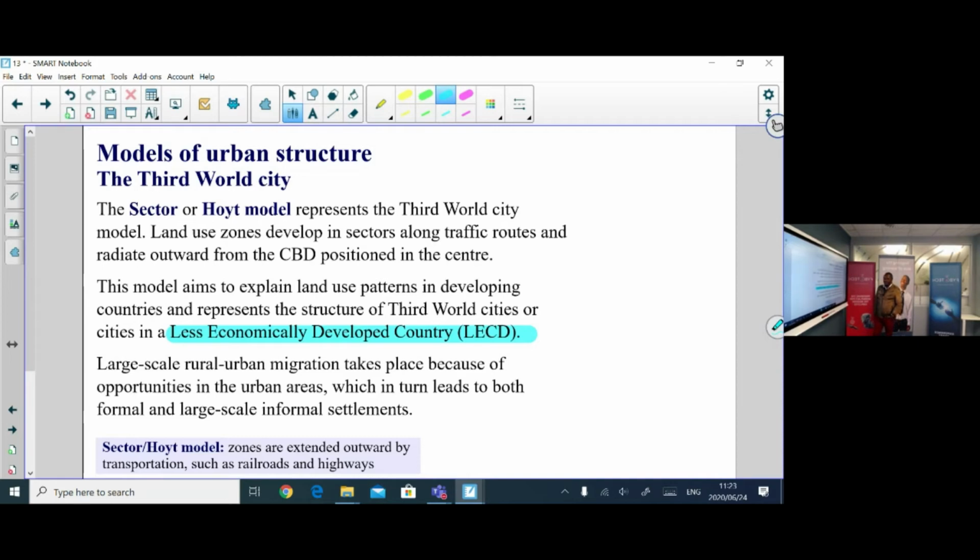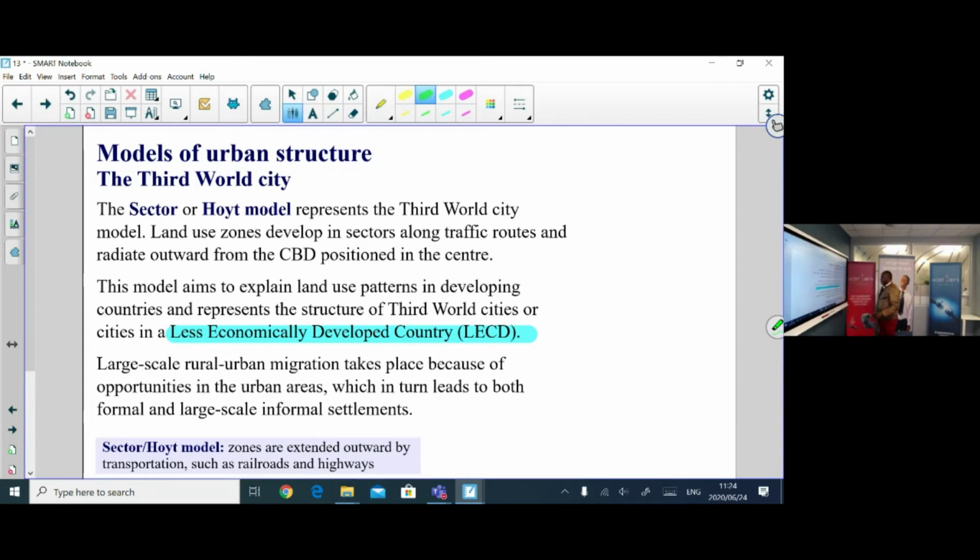Large-scale rural-urban migration takes place because of opportunities in the urban areas, which in turn leads to both formal and large-scale informal settlements. So just a brief definition here.